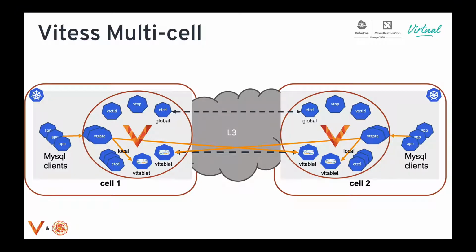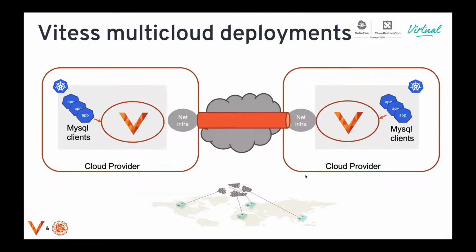With multiple cells, the local VT gate will handle routing traffic to the designated shards in the appropriate cell, and the tablets will handle replicating the shard data across cells. Vitess multi-cloud is cells across cloud providers instead of just regions or availability zones.